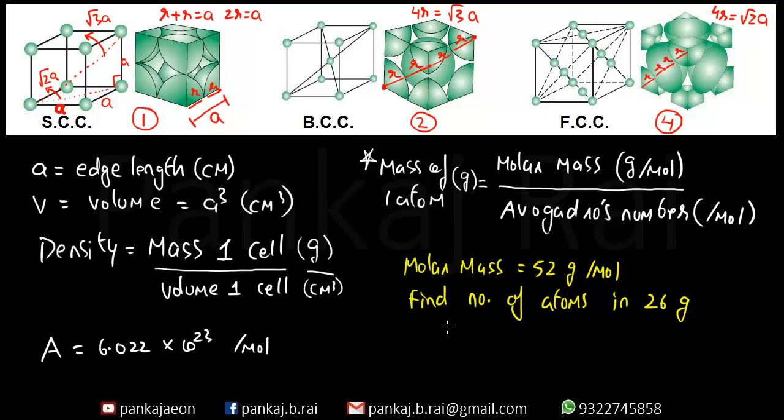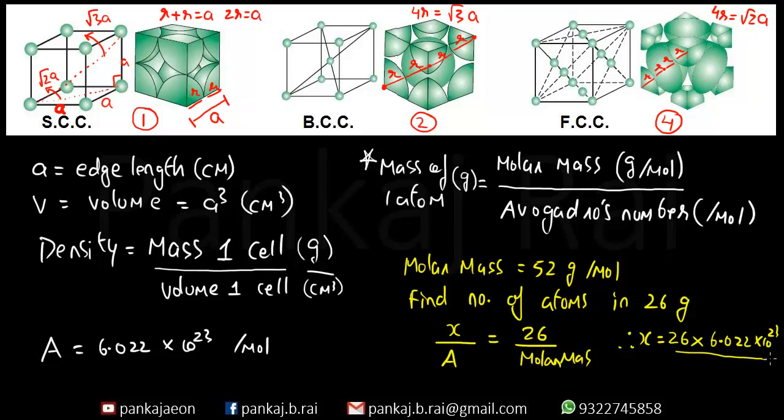There is a simple formula: X, the number of atoms, upon Avogadro number of atoms is equal to 26 gram upon molar mass. Therefore X, that is number of atoms in 26 grams, would be equal to 26 into Avogadro number, 6.022 into 10 raised to 23, divided by the molar mass, which is 52.